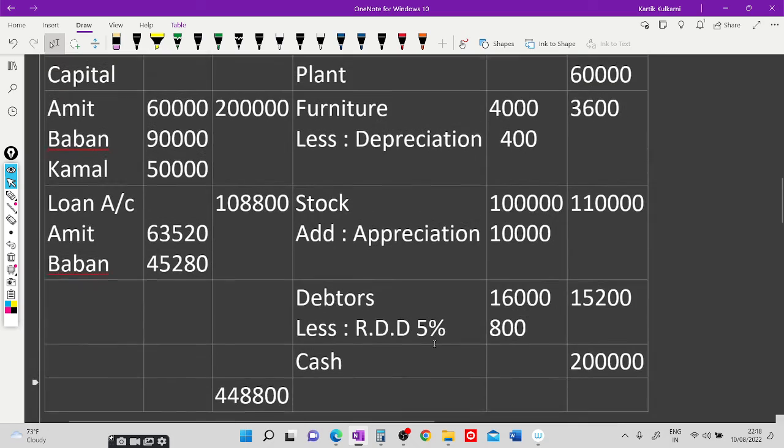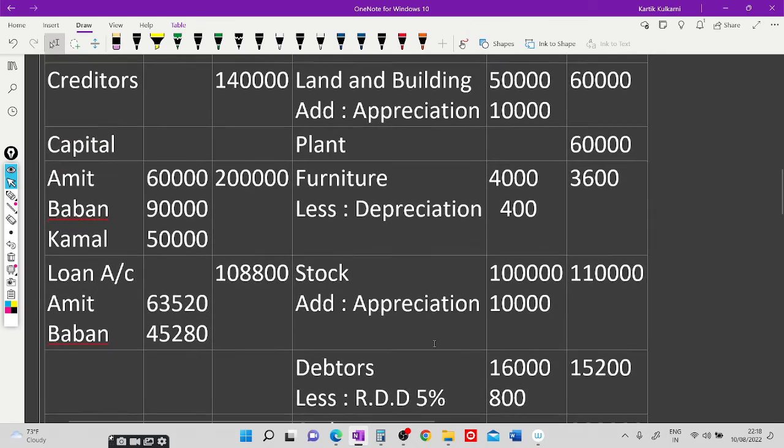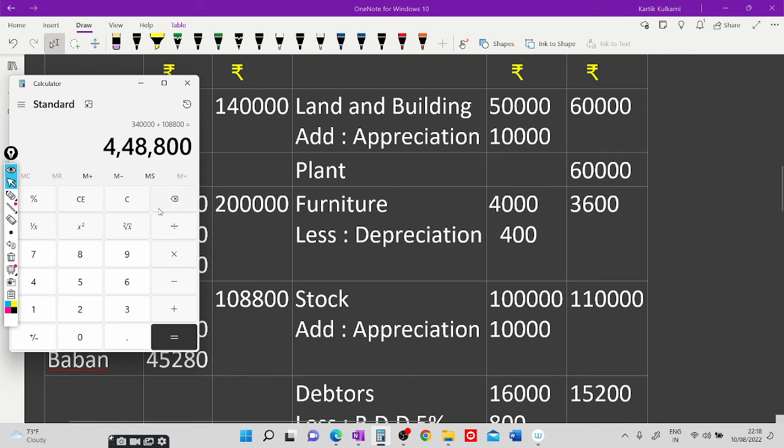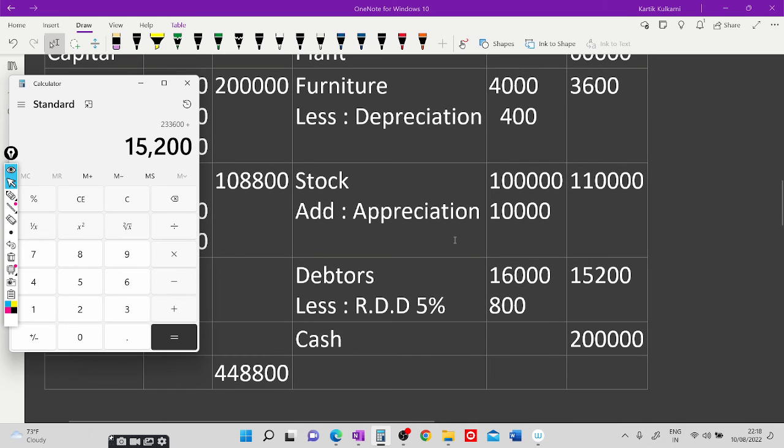Now let's take the total of the assets. 60,000 plus 60,000 plus 3,600 plus 1,10,000 plus 15,200 and 2 lakhs.